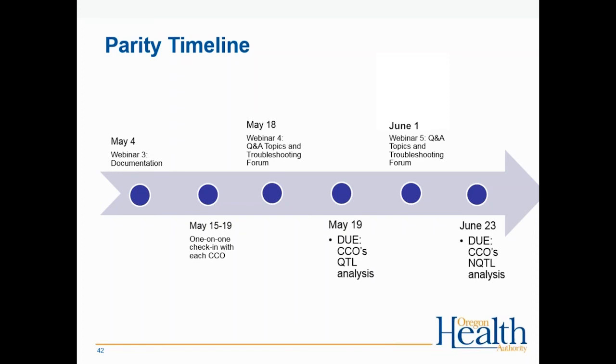Then on May 15th and 19th, we have another set of one-on-ones. But if you reach out to me, I can set up one-on-ones most any time that you are interested in checking in with us. The format is to provide questions to us in advance that we can research and come back with a more set response in terms of guidance.